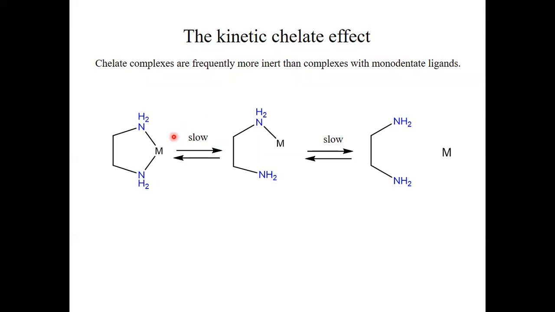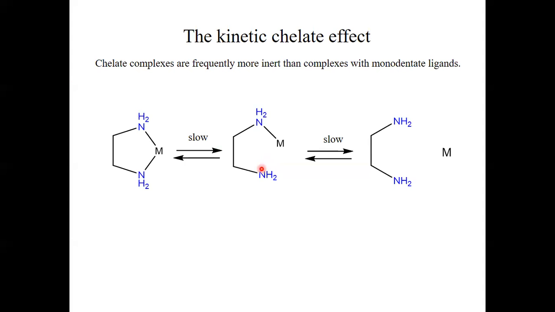And this is illustrated here, in which an ethylenediamine ligand is bonded to a metal via two metal-nitrogen bonds. So now as one of the bonds cleaves, due to the fact that the first donor atom is still attached via these carbon bonds to the second donor atom and the metal, there's a greater probability that this nitrogen donor atom remains in the proximity of the metal, even though the metal bond is cleaved.